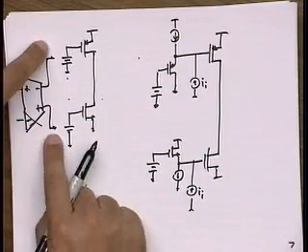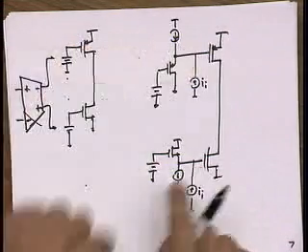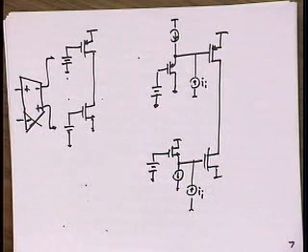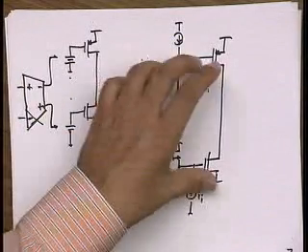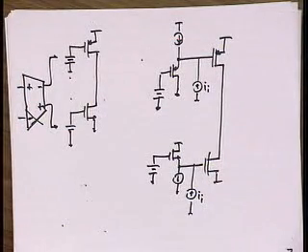Can I actually just take the output here and connect it directly here? Would that work? Anybody? Can I take a diff pair or any of your favorite transconductors and just drive this output stage as shown? Would that work?